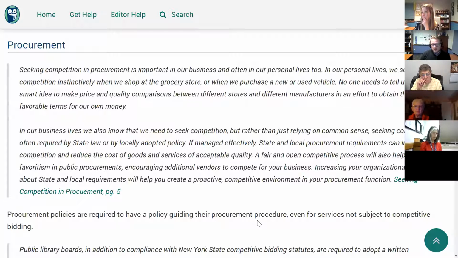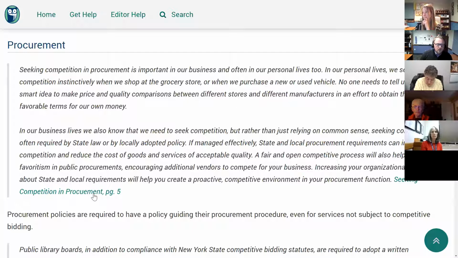So the Office of the State Comptroller governs procurement, and the idea behind procurement is just seeking competition. So making sure that the businesses that are vying for your business have a fair way of bidding for your project, and to make sure that the library is following all the policies required, just following the rules when it comes to it.